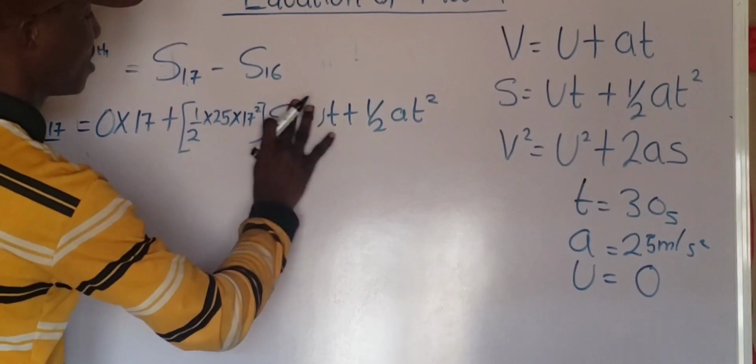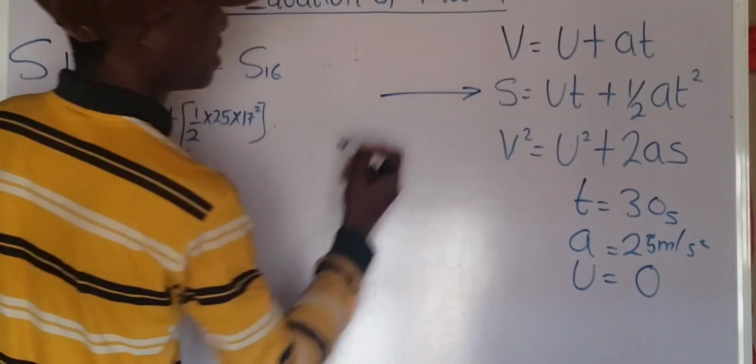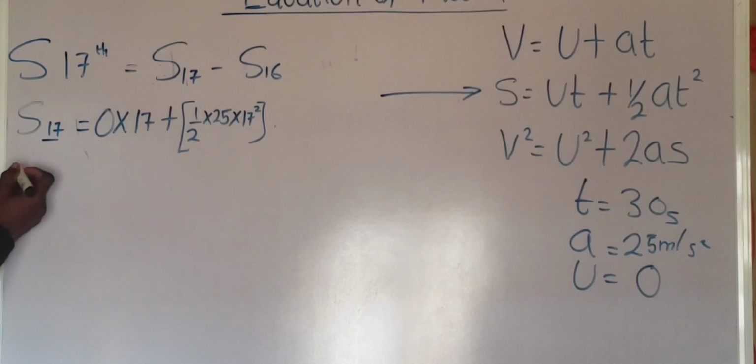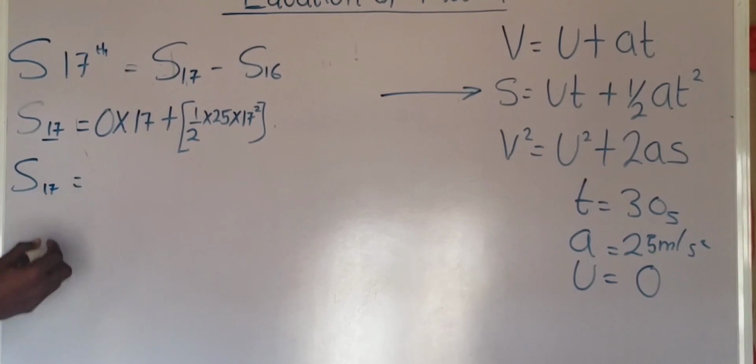Let me erase this, okay? This is the formula that I'm using now. You can see that's the formula I'm using: s is equal to ut plus half at squared. So let's go. S17 is equal to 0 times 17. That has been eliminated.